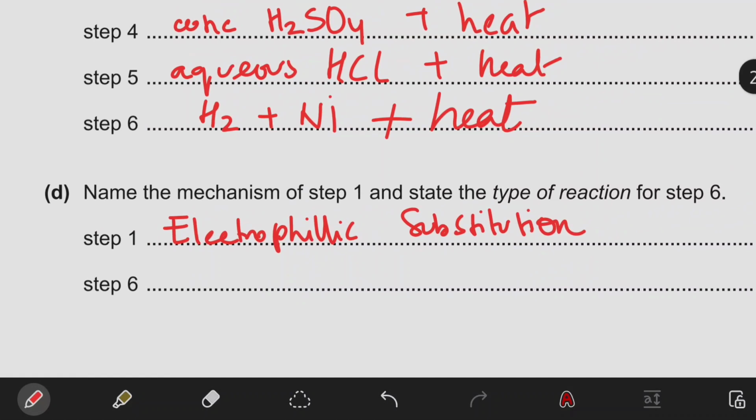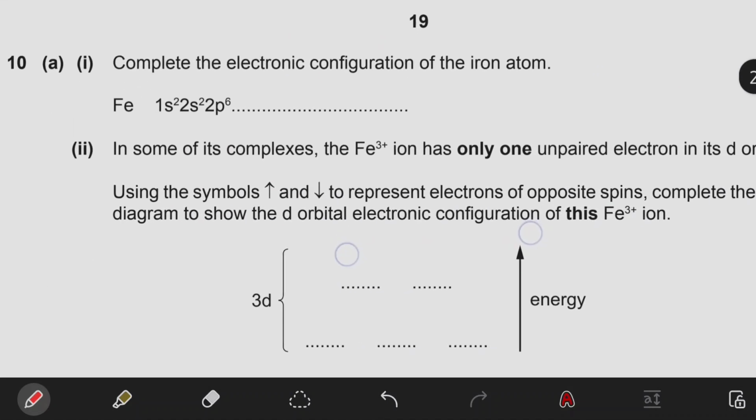And the type of reaction for step 6 is reduction, as we wrote down before. You can even say hydrogenation or addition.